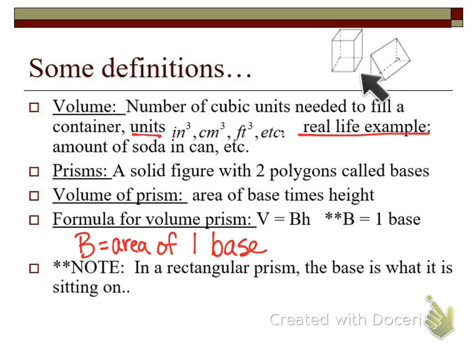So for example, the area of a rectangle, the area of a triangle. The H is going to be, or the height, is the distance between the bases.